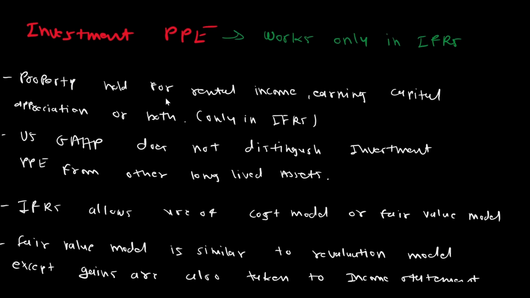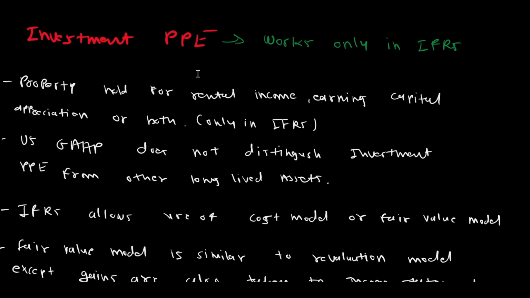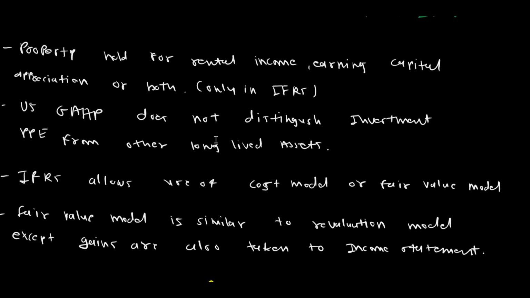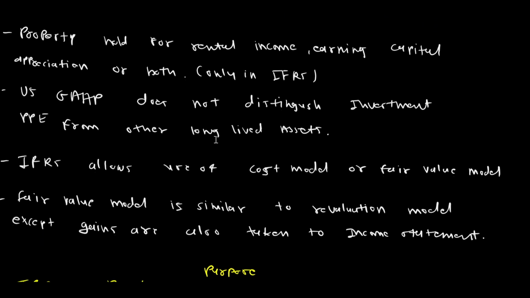So if you hold any PPE for the rental income and earning capital appreciation or both, you could show it as the investment PPE in the IFRS only. US GAAP does not distinguish investment PPE from the other long-lived asset. It doesn't allow you to distinguish investment PPE from any other PPE.